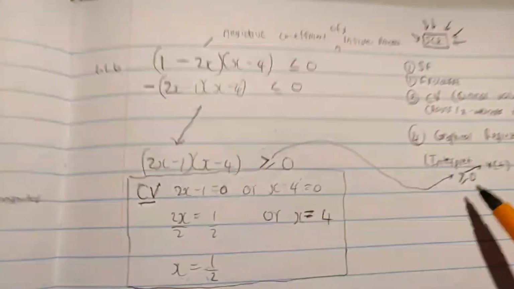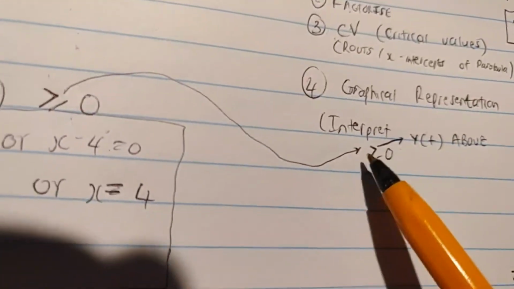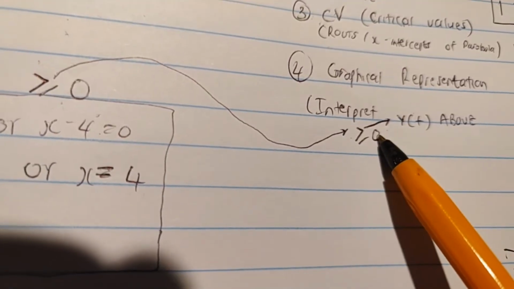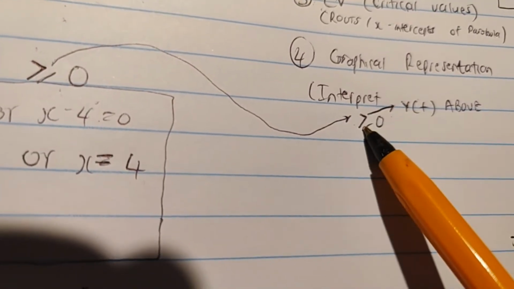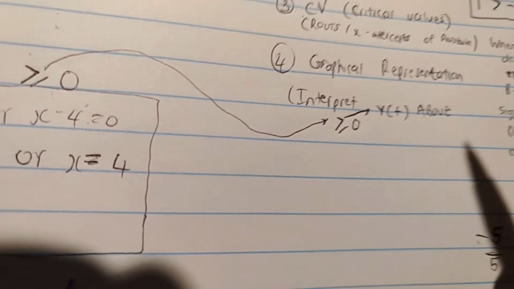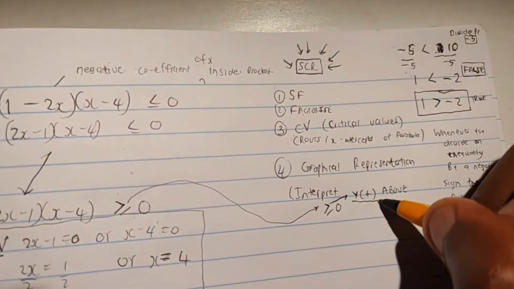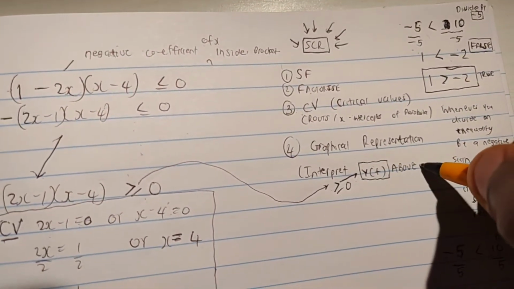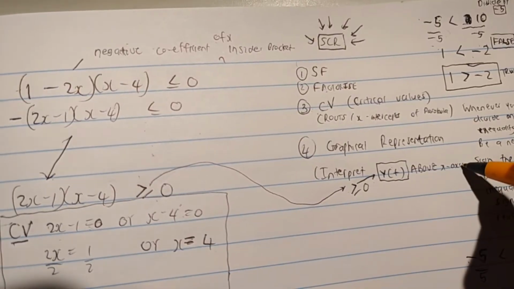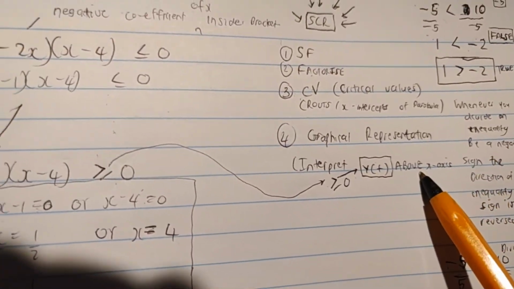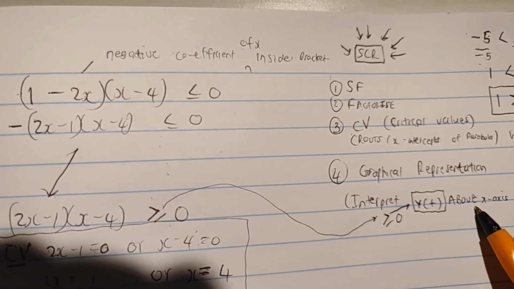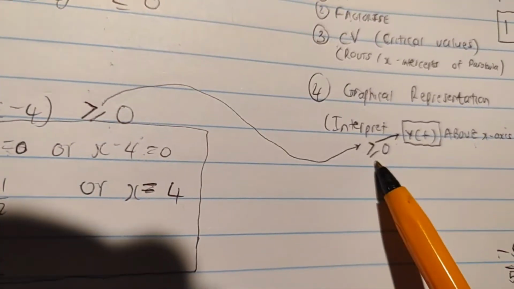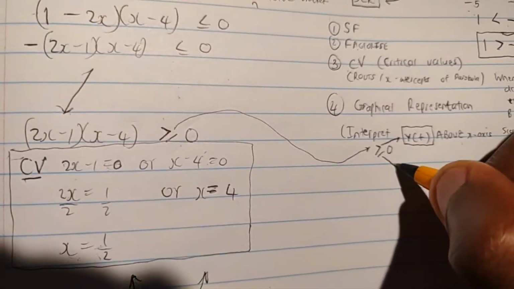Okay, so that is why, when you interpret greater than 0, just greater than 0 alone, let's forget about equal, it means where y is positive. Where is y positive? Above the x-axis. Okay, then let's look at equal to 0. What does equal to 0 mean?